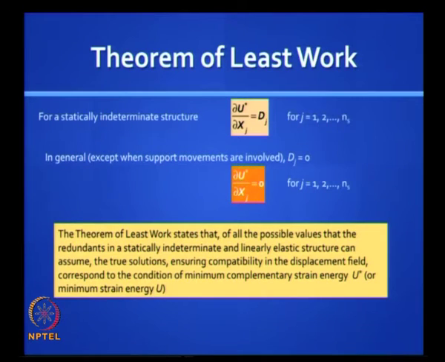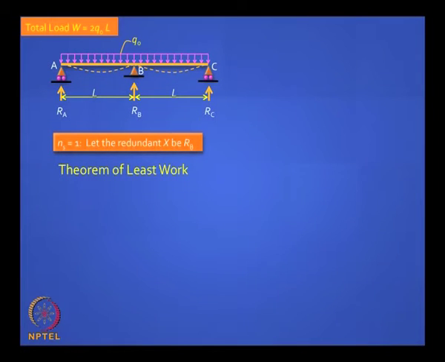So the expression goes this way: the theorem of least work states that of all the possible values that the redundants in a statically indeterminate and linearly elastic structure can assume, the true solutions ensuring compatibility in the displacement field correspond to the condition of minimum complementary strain energy u star, or because it is linear elastic you can say minimum strain energy u, because both these terms are equal.